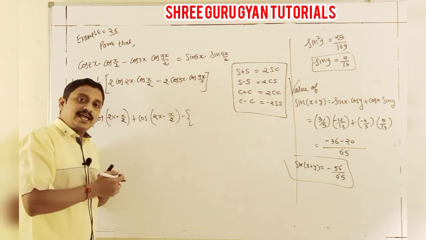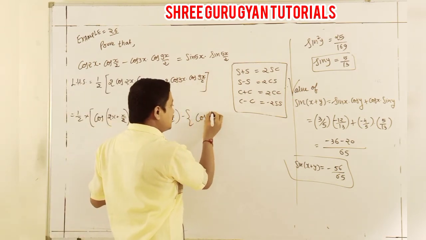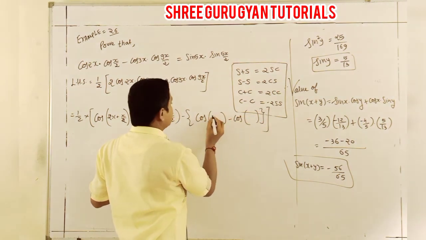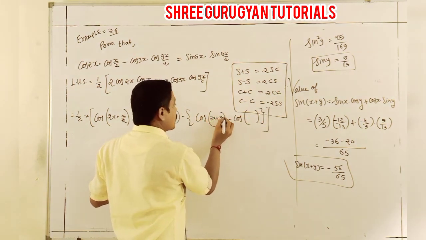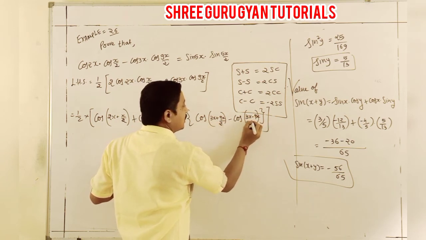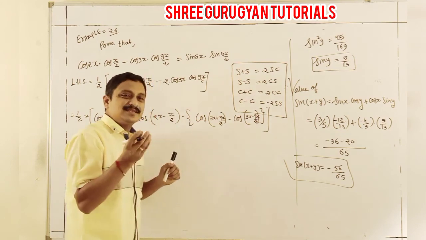Now 2cc again, c minus c, that way. Again 3x plus 9x by 2 and 3x minus 9x by 2. Students, here is a very easy solution.